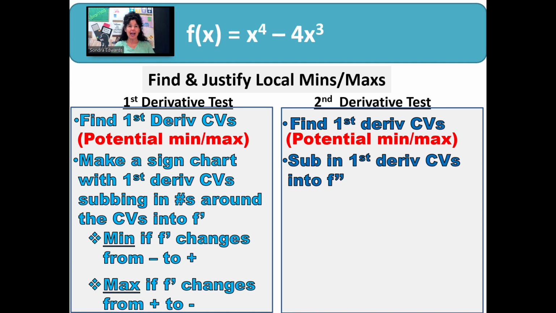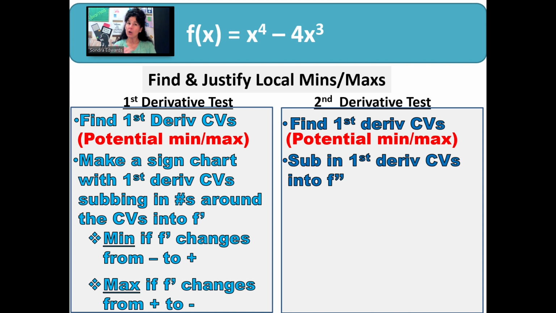Now, when you do that, keep in mind that when you substitute a number into the second derivative, if you get a positive answer, it means that you are on a section that is concave up. If you get a negative answer, that means you are concave down.